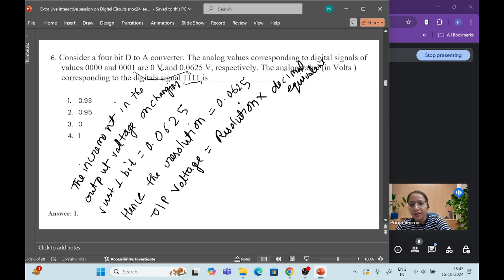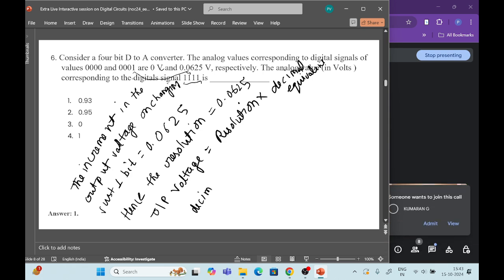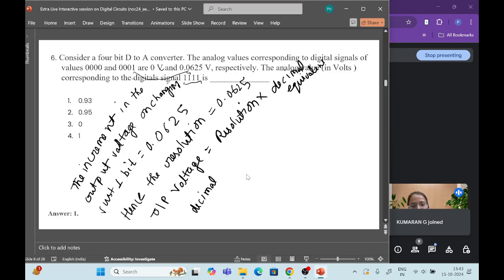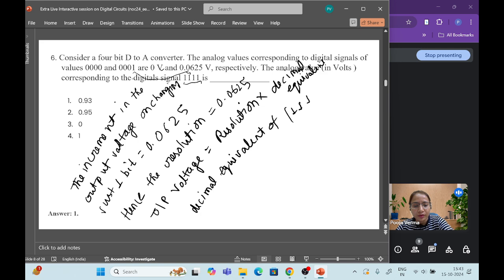Now we have to check the decimal equivalent of 1111.